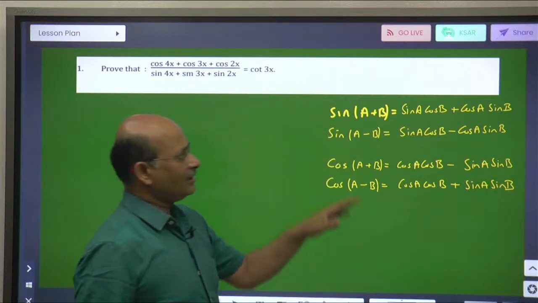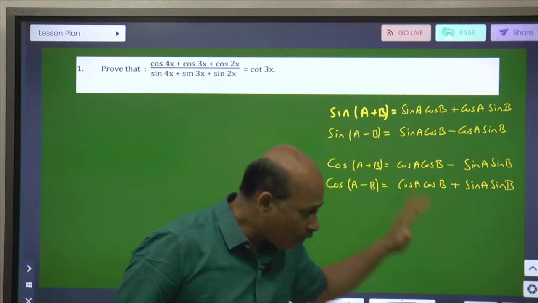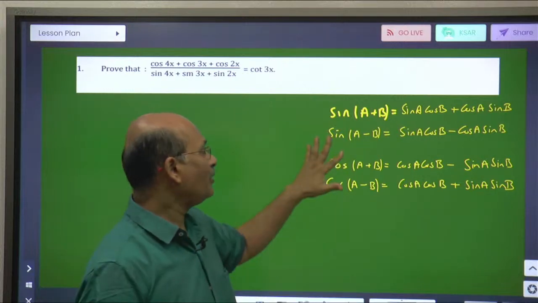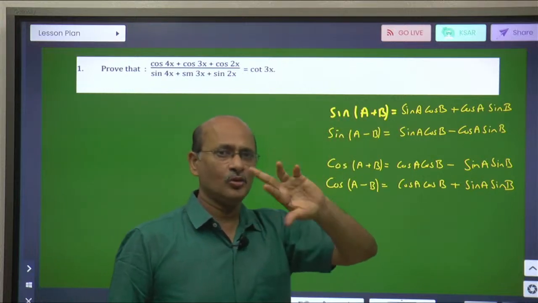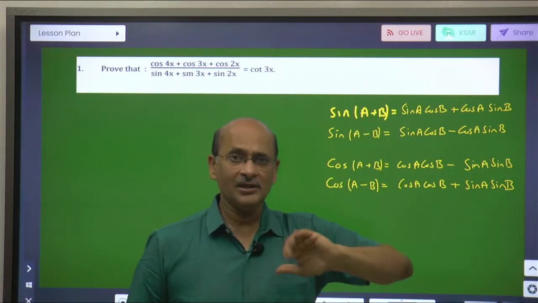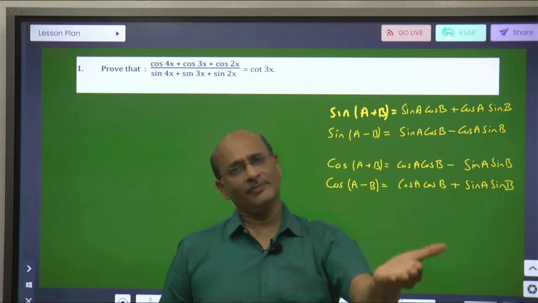Remember, these are the most important standard formulas. From these you can derive all the remaining formulas of compound angles. Compound means two or more angles. Multiple means a single angle, double angle, triple angle; that is called a multiple angle.